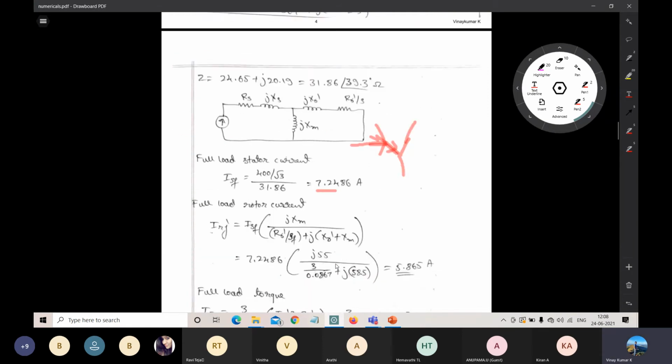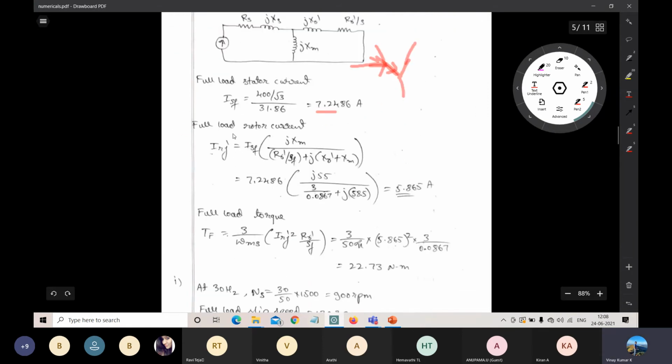Similarly, we need to calculate the full load rotor current IRF dash. The full load rotor current will be given by the total current ISF into the impedance of the module, that is JXM divided by RR dash by S plus XR dash plus XM.